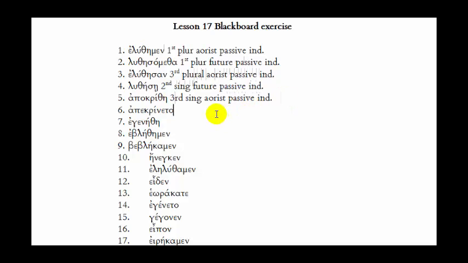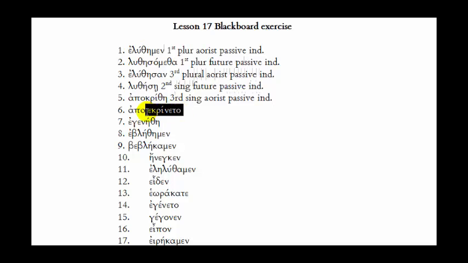Now, once in a while, you'll see this form as well. And what form is this? This is from the same verb, as you hopefully can recognize just by looking at it. Apekrinato, apekrinato. Now notice, just playing around with this here, when you're parsing these, sometimes it's helpful to pull the prefix off and just look at ekrinato, ekrinato. Okay, ekrinato is what?